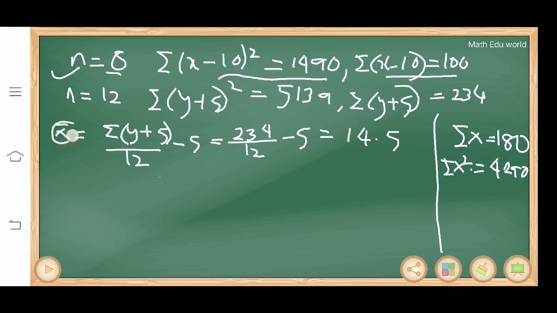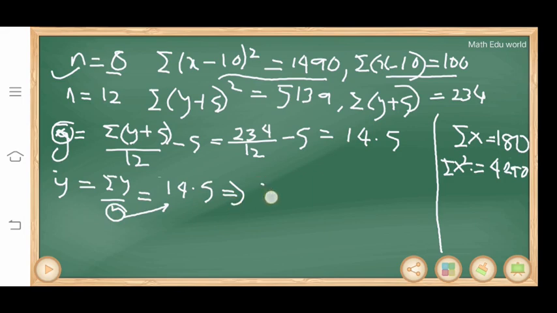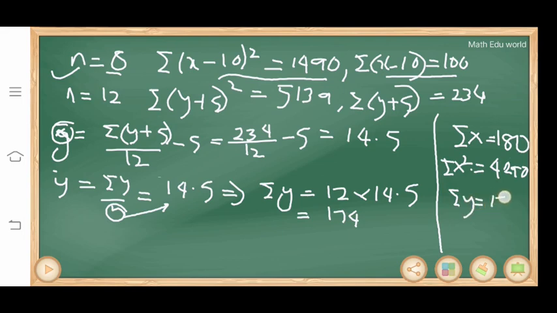And you know, sorry, it's not x bar, it's y bar. And you know y bar can be written as sigma y divided by n, which is 14.5. So cross multiply this n, which is 12. We get sigma y is equal to 12 times 14.5, which is 174. So we get sigma y as 174.